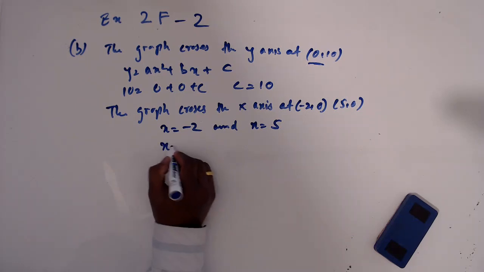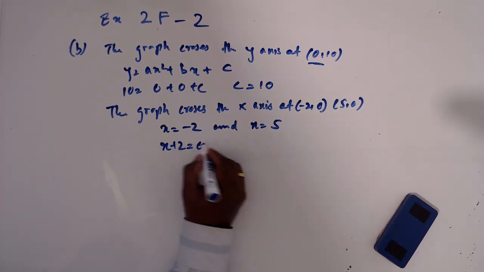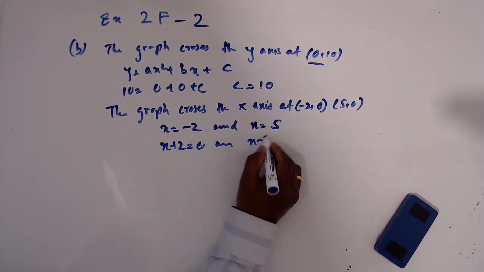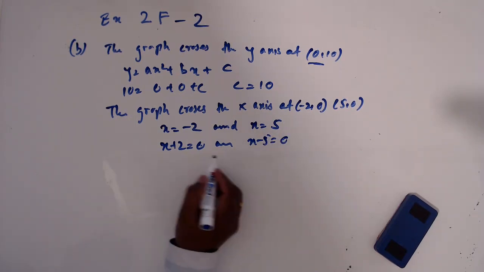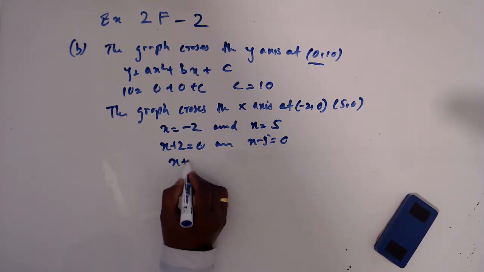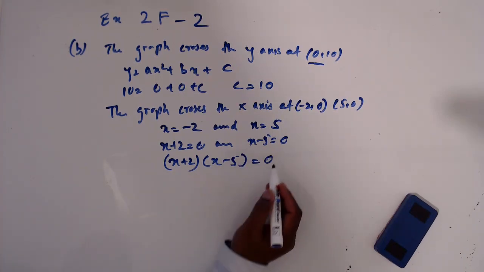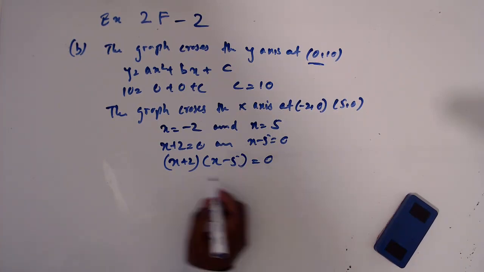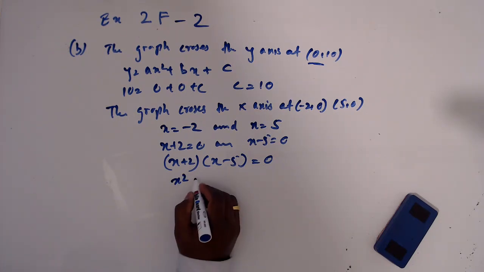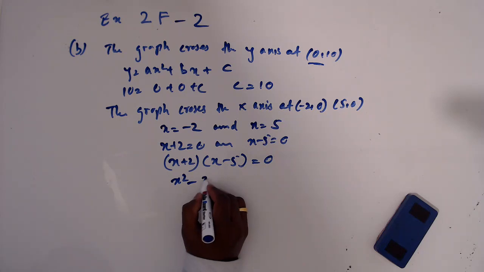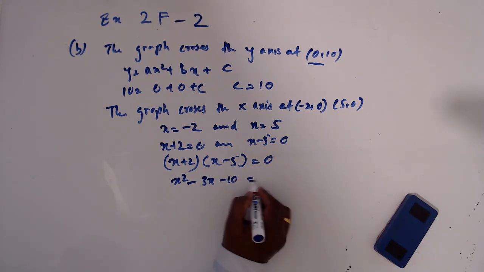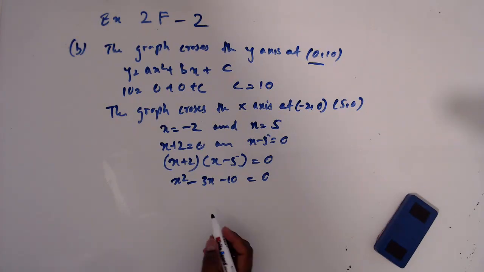So x plus 2 equals 0 and x minus 5 equals 0. So x plus 2 times x minus 5 equals 0. So x square minus 3x minus 10 equals 0.